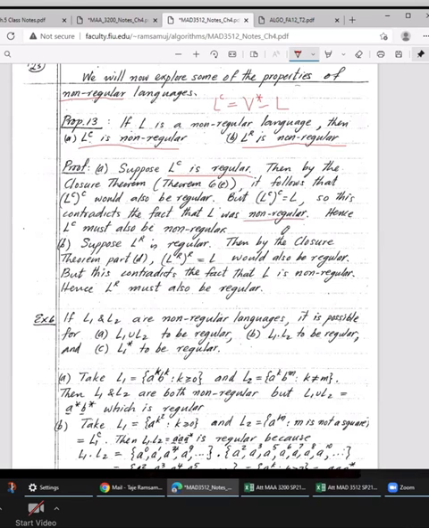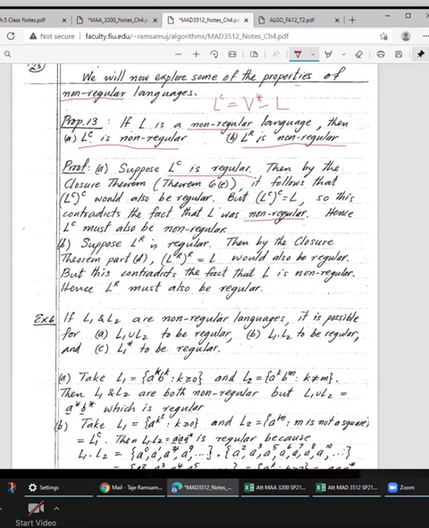So you're thinking, wait. Suppose L complement is regular, then by the closure theorem, the complement of the complement should also be regular, because the closure theorem, part 6e, says that if you give me a regular language, its complement is regular. But the complement of the complement is just the original, and you say, but L is non-regular.